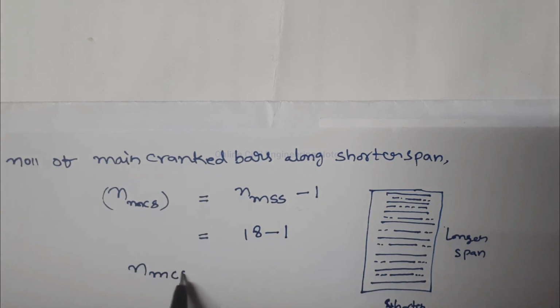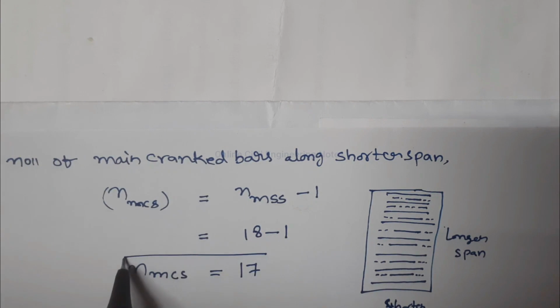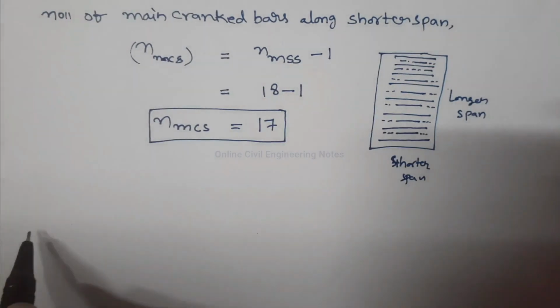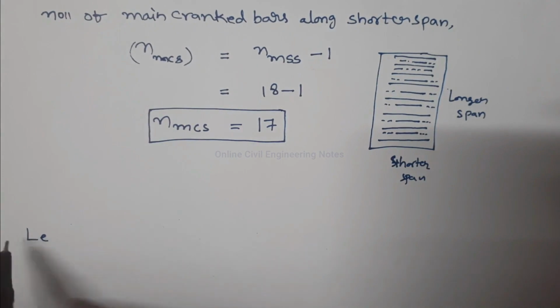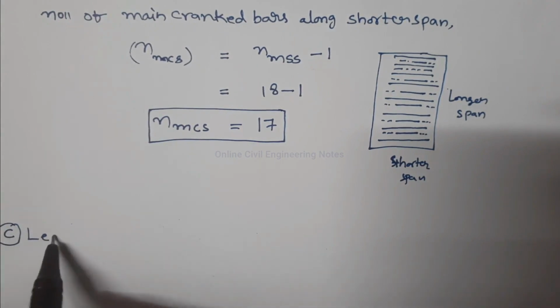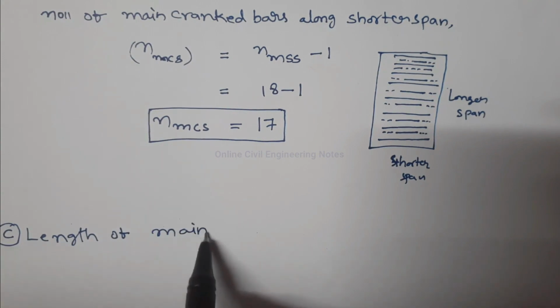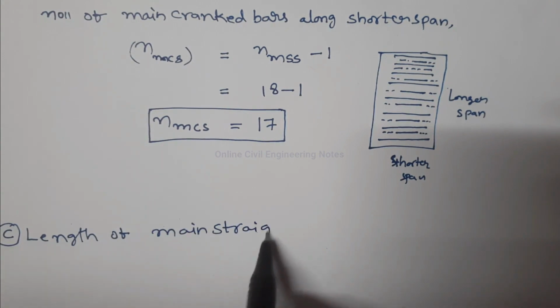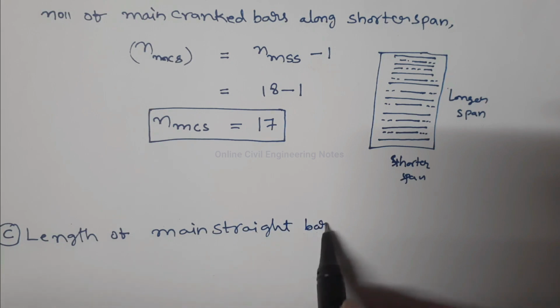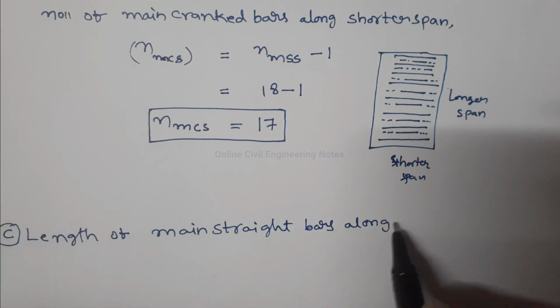Therefore, 7 numbers are required along the shorter span. Now calculate the length of main straight bars along longer span.